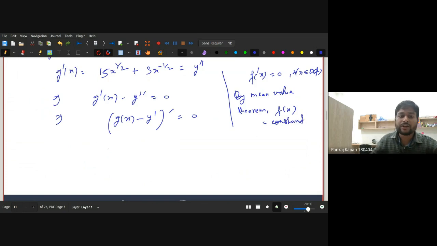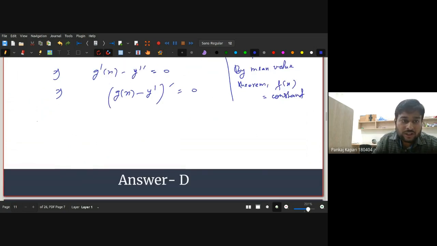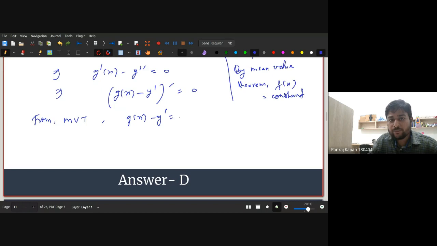So this is the mean value theorem. Okay, so therefore, from the mean value theorem, the MVT, g(x) minus the derivative of y must be a constant.